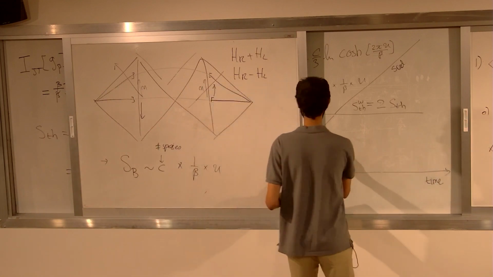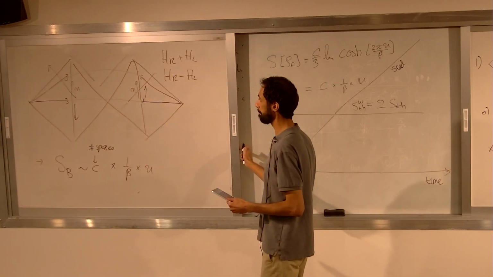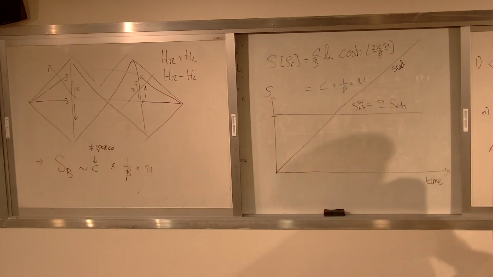There are 3 ways of interpreting this answer, or at least 3 ways. The first way is to say that this thermal entropy is just nothing. It's just the number that we computed, and it has nothing to do with anything physical.